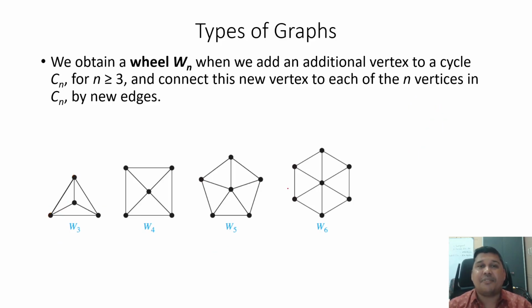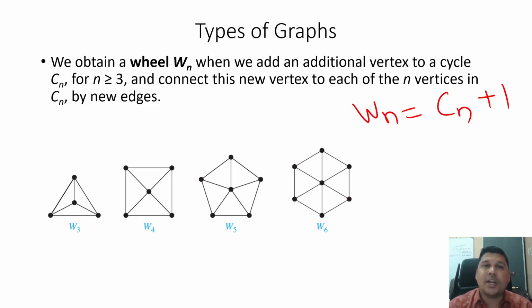A wheel graph is nothing but a cycle graph Cn, in between which you place one vertex, which is connected to all the other vertices. So, a wheel graph is a cycle graph with one vertex put in the middle.